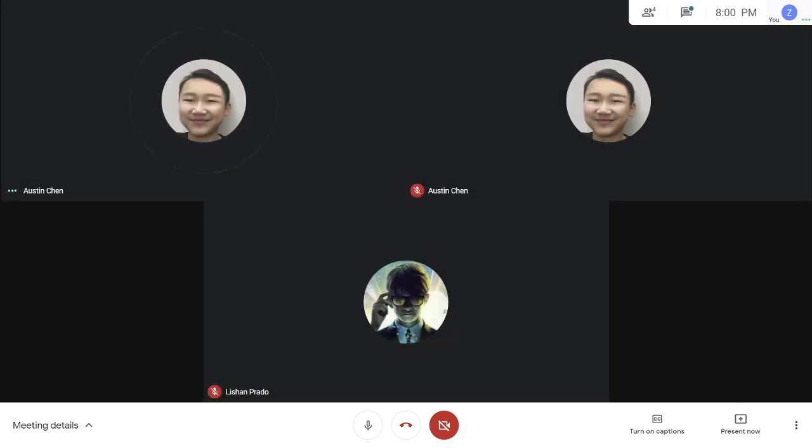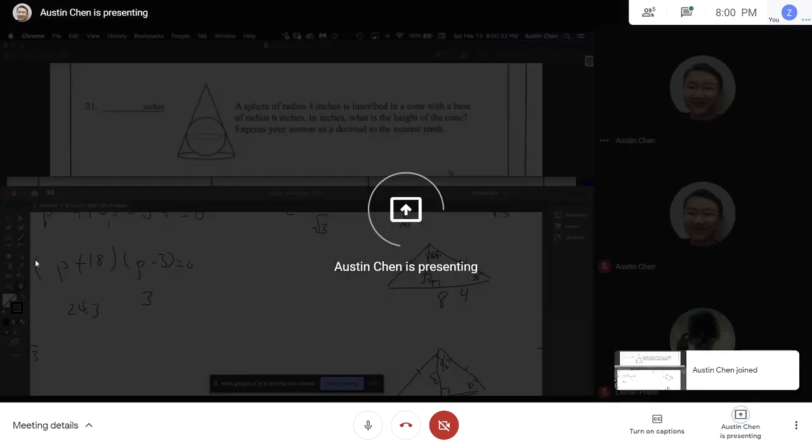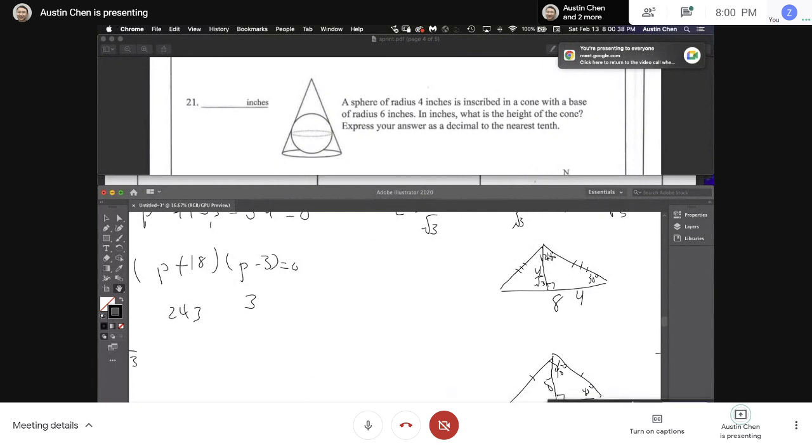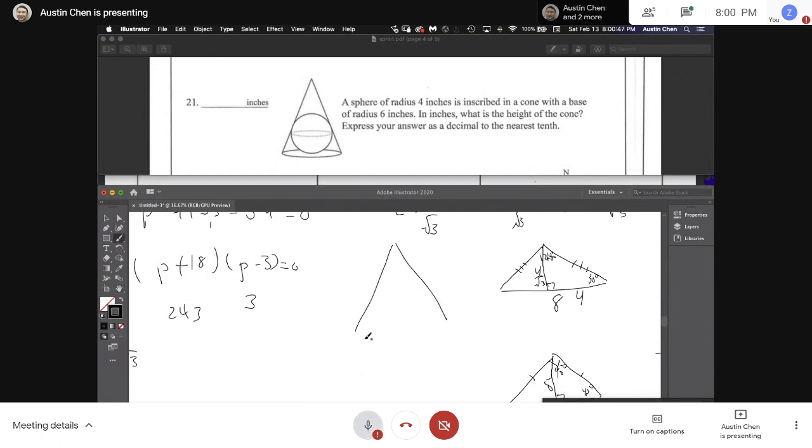Here, I will show my solution. Okay, here's my solution. We're also going to use a middle cutout of the cone. So we got a circle here, and then let's draw this whole height.